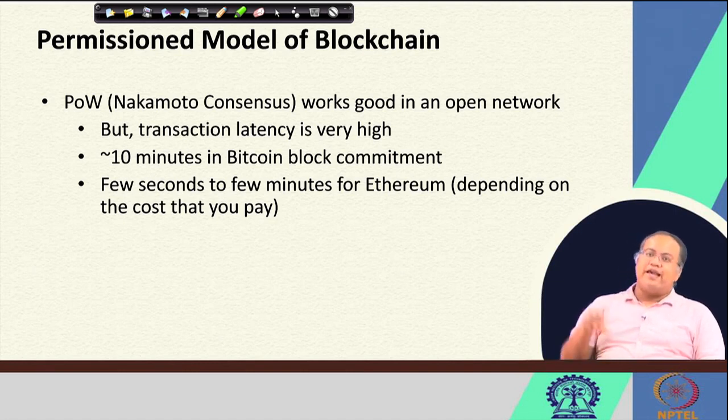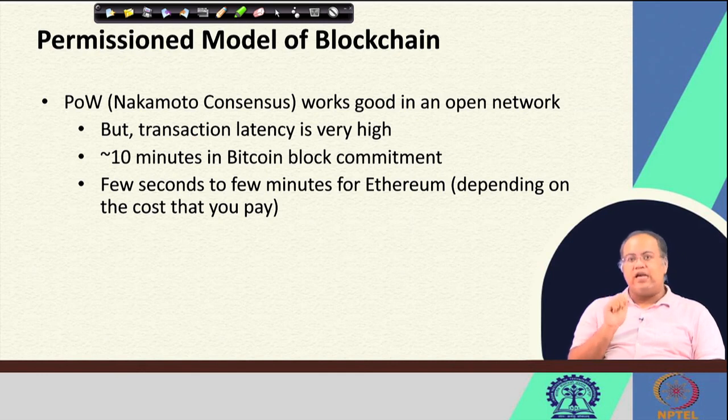Well, say in case of my financial transaction, that is still good, because you have initiated a transaction, and after a few minutes, say after 10 minutes or so, the transaction is getting committed. Later on we will see that you will not be able to immediately claim the money, you need to wait for some amount of time, but still you can tolerate that. But in supply chain management, this entire thing needs to be done in real time.